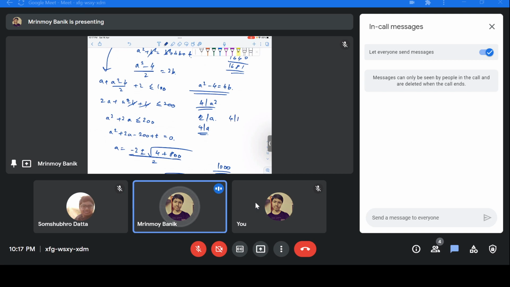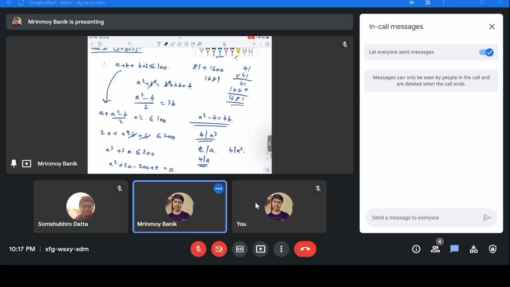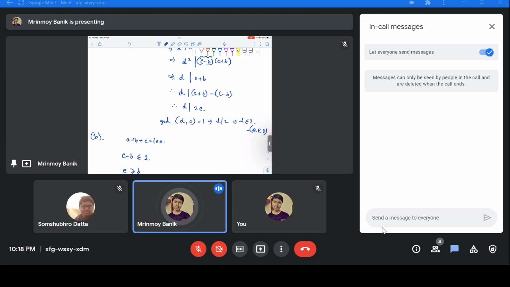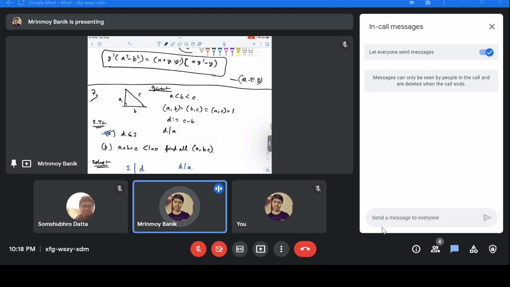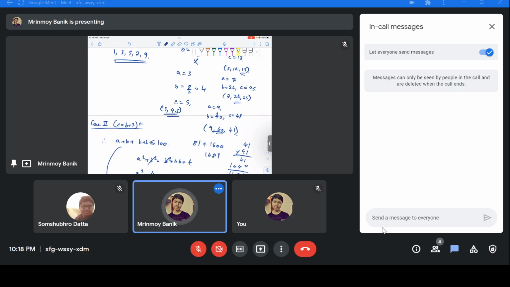So 4 divides A squared. Nothing more. Maybe we have to check all those 6 even numbers. But I think I had shown somehow that 4 divides A, so that brought down the list.